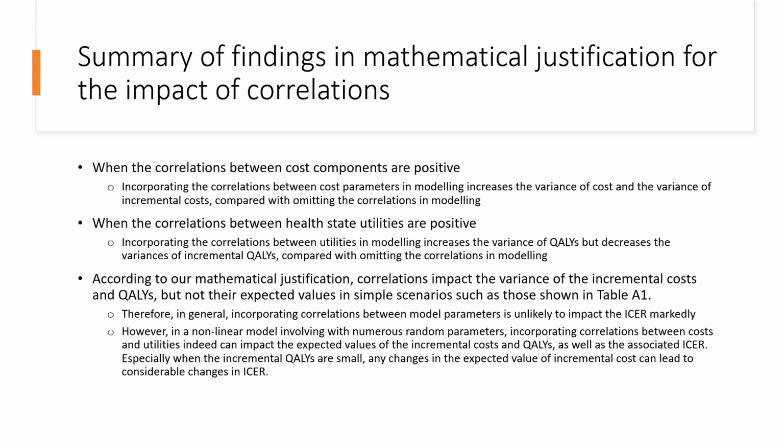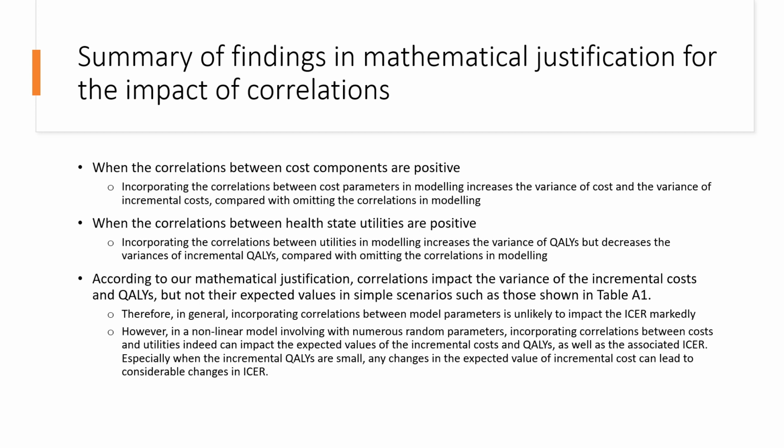According to our mathematical justification, correlations impact the variance of the incremental costs and QALY, but not their expected values in simple scenarios. Therefore, in general, incorporating correlations between model parameters is unlikely to impact the incremental cost-effectiveness ratio, ICER, markedly.